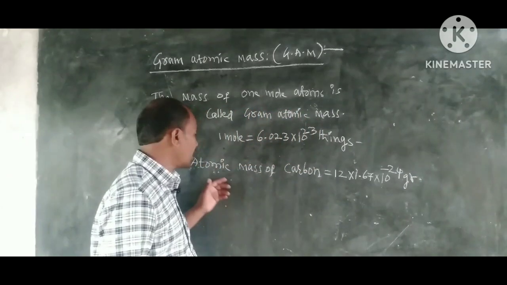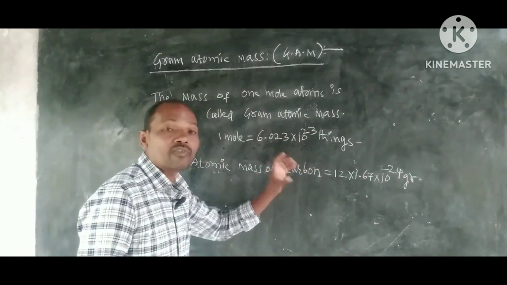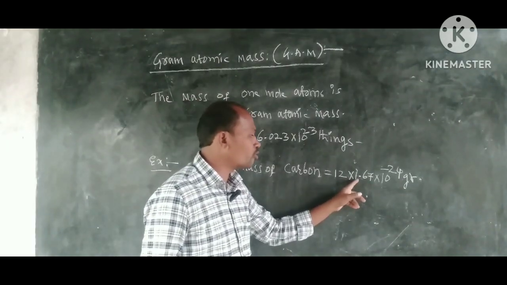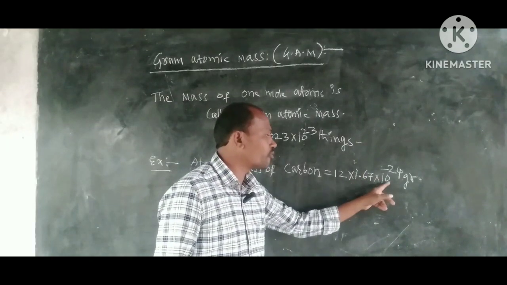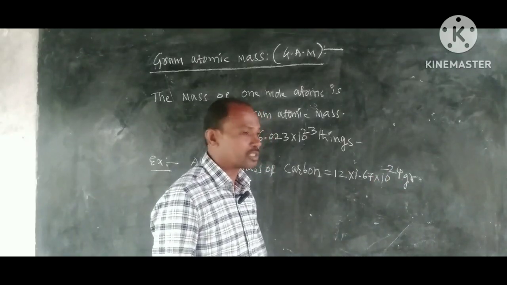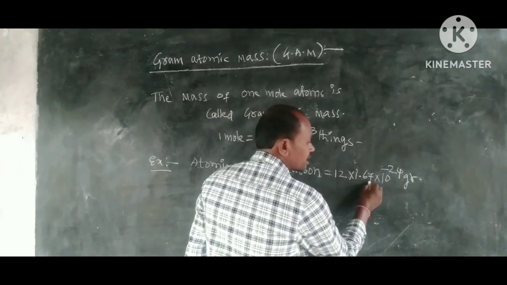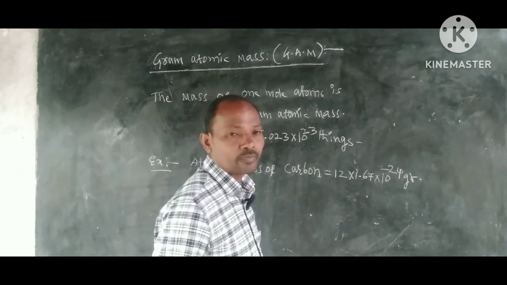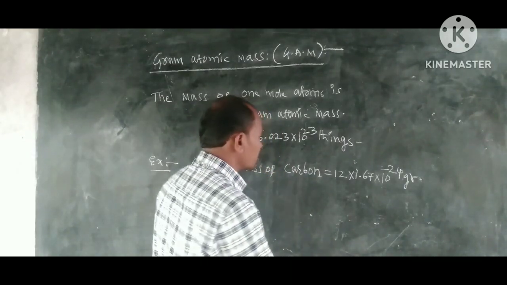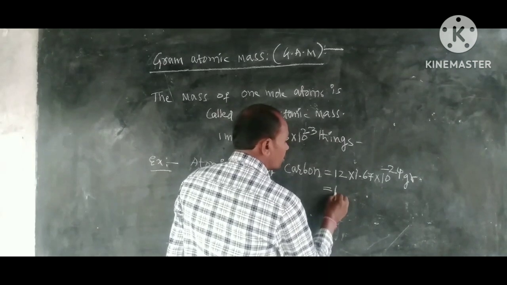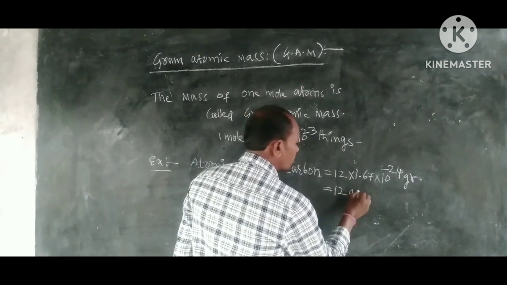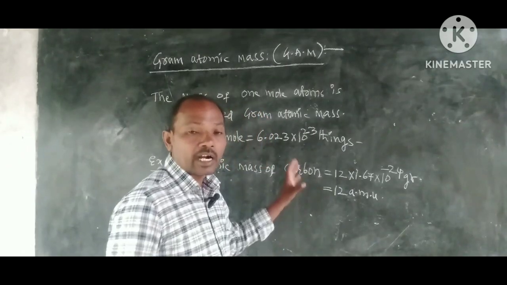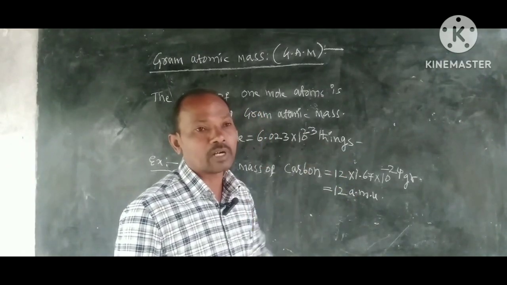So this is the mass of only one carbon atom. That is equal to 12 into 1.67 into 10 power minus 24 in grams. So 1.67 into 10 power minus 24 means 1 AMU. So that is equal to 12 AMU. So this is the atomic mass of carbon.